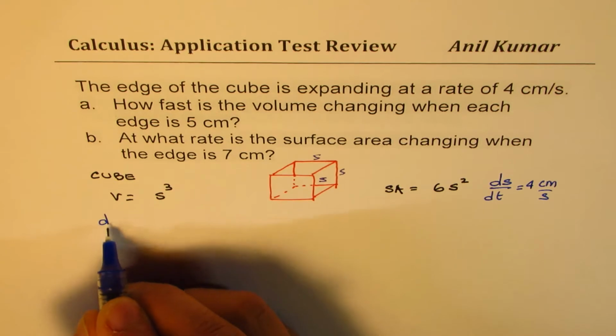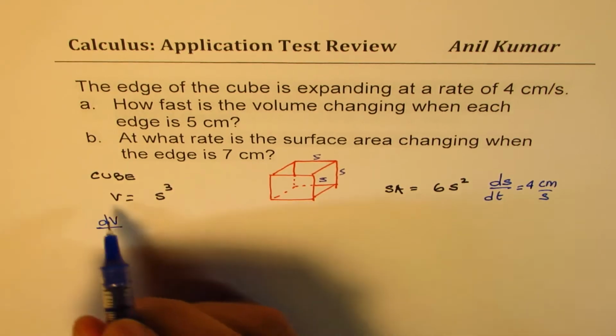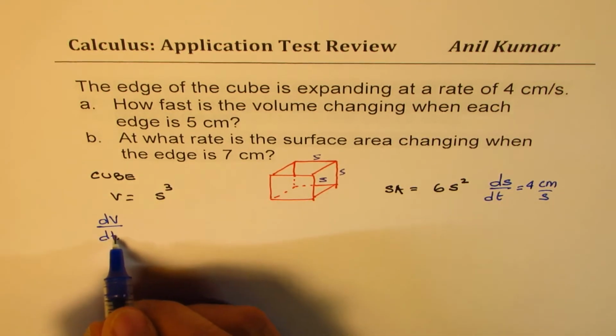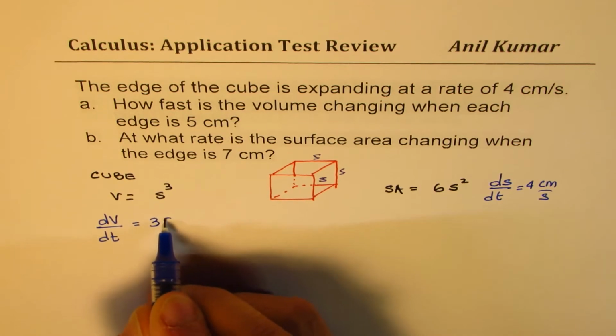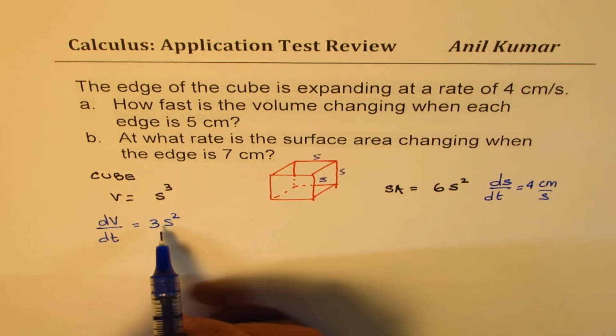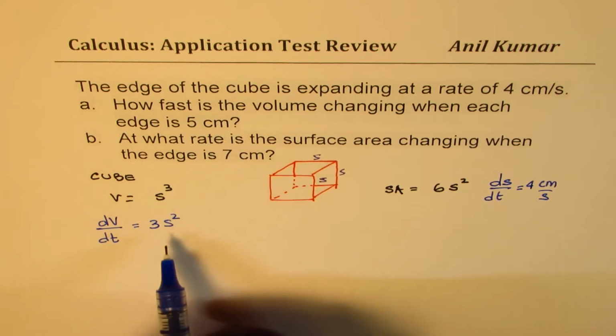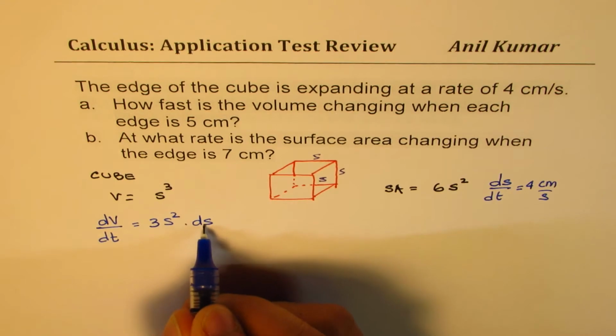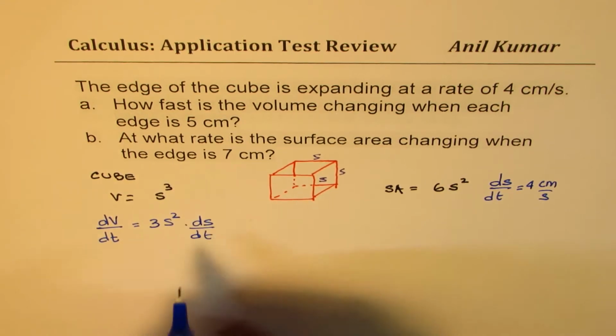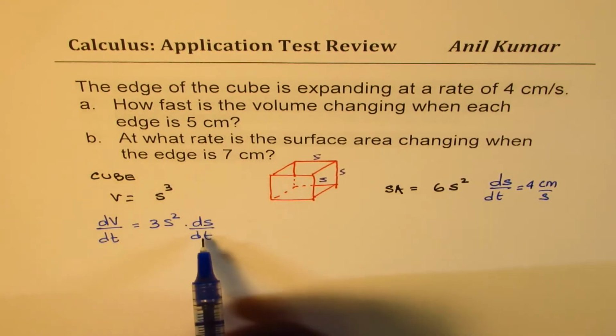That means we have to find this change with time, dV dt, right, which will be 3S square times dS dt. So we can just plug in 5 here and get the answer.